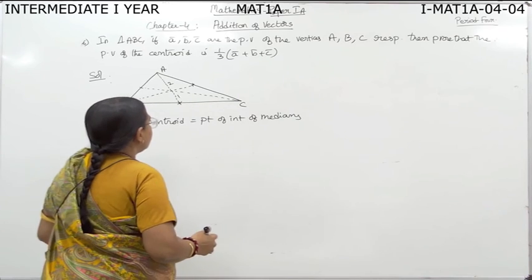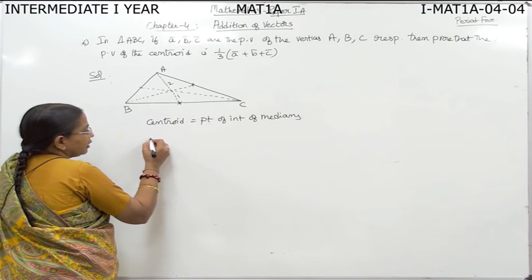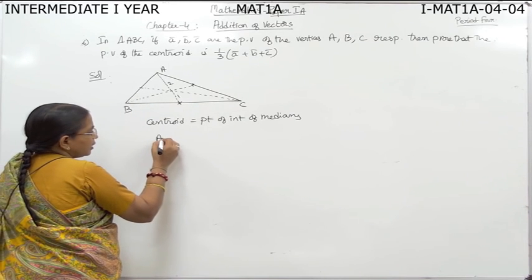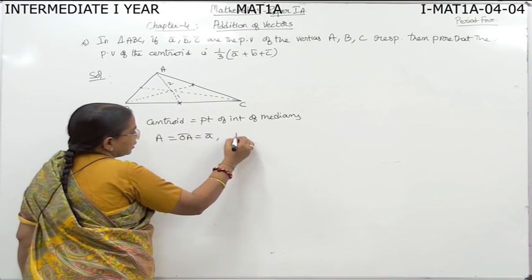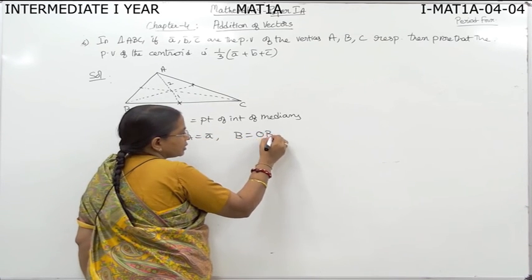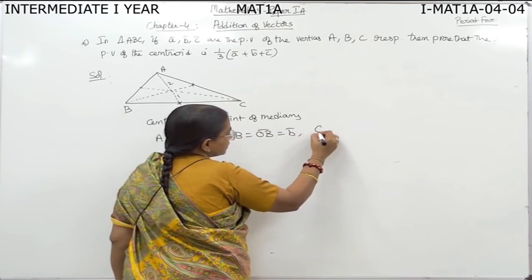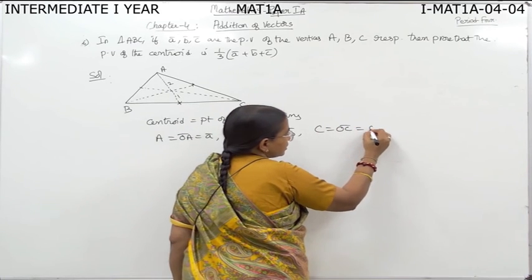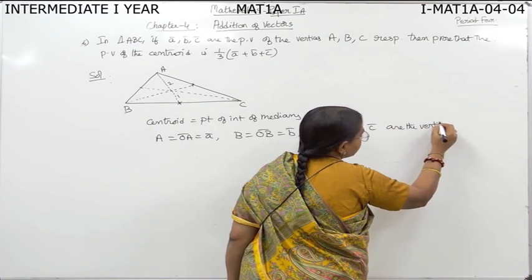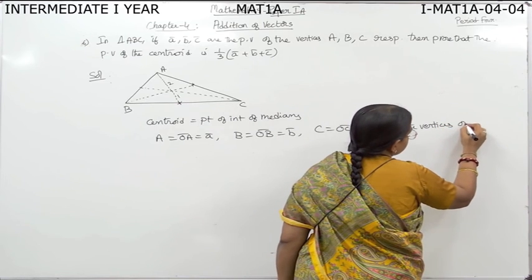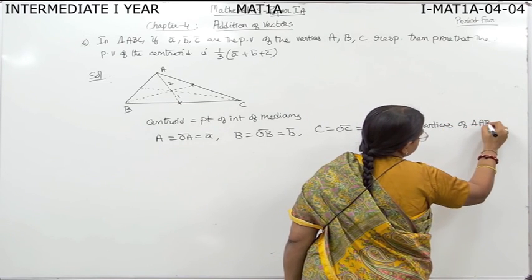We are given that OA is A bar, OB is B bar, and OC is C bar, the position vectors of the vertices of triangle ABC.